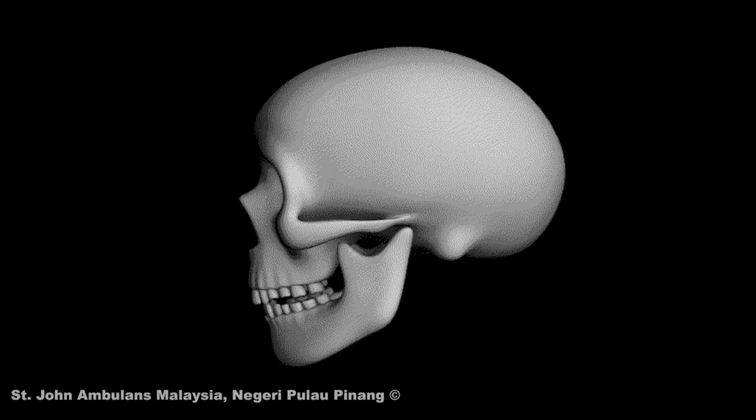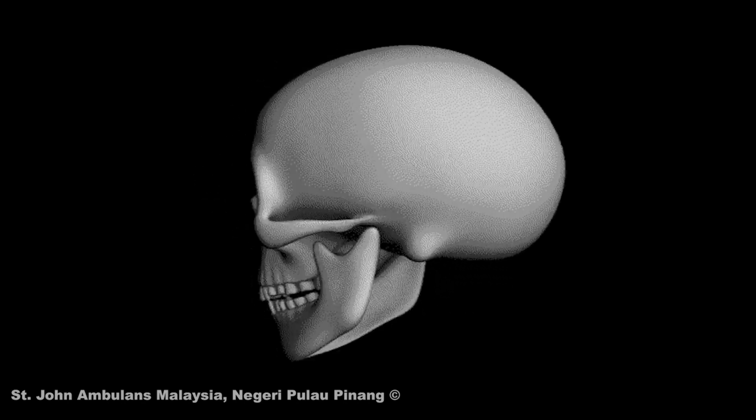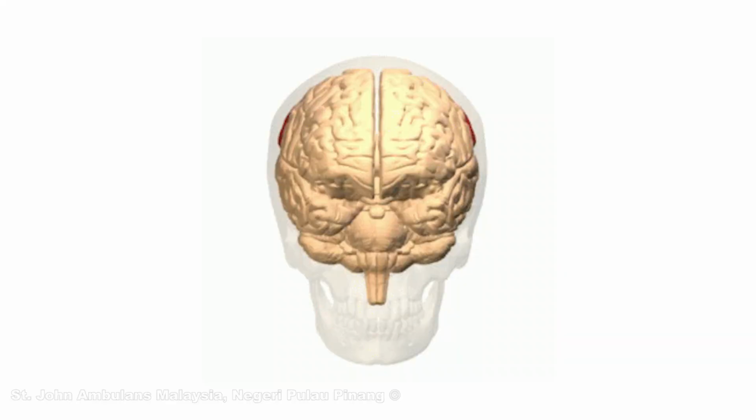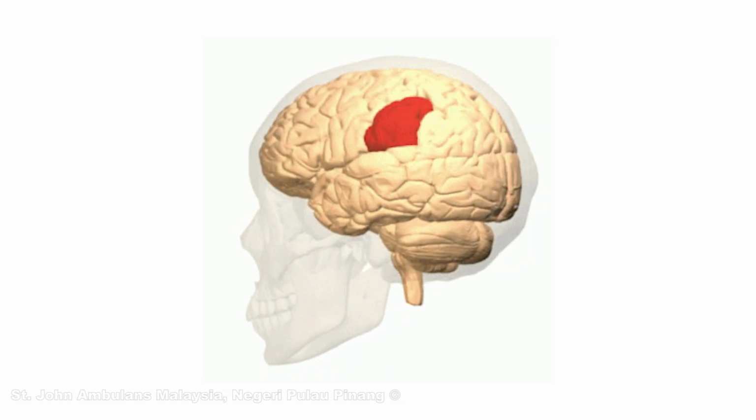Our skull is a round-shaped bony structure covering our head. It is where the brain lies. The skull is formed from fusion of multiple bones over the scalp area, where the cranium is the dome of it.